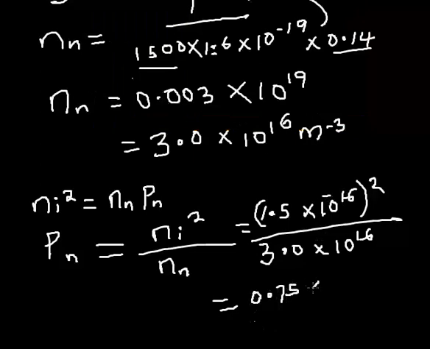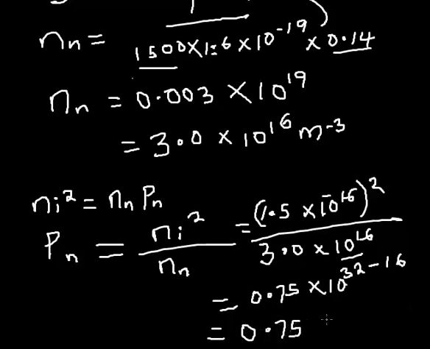By the division law of indices, that's going to be 10 raised to the power 32 minus 16, the power of the 10 in the denominator. 32 minus 16 is 16, so I'm having 0.75 times 10 raised to the power 16.